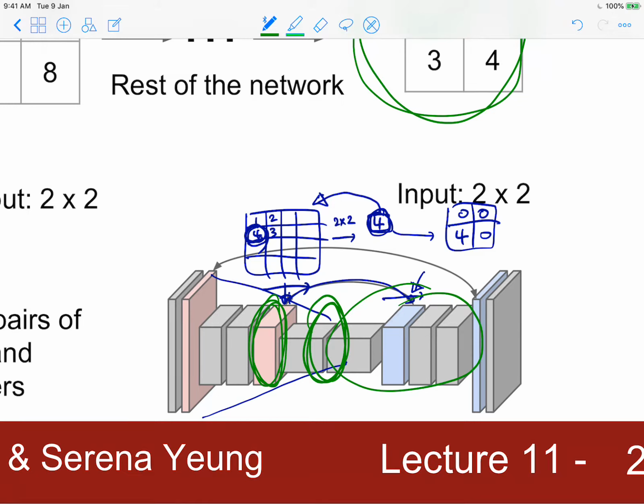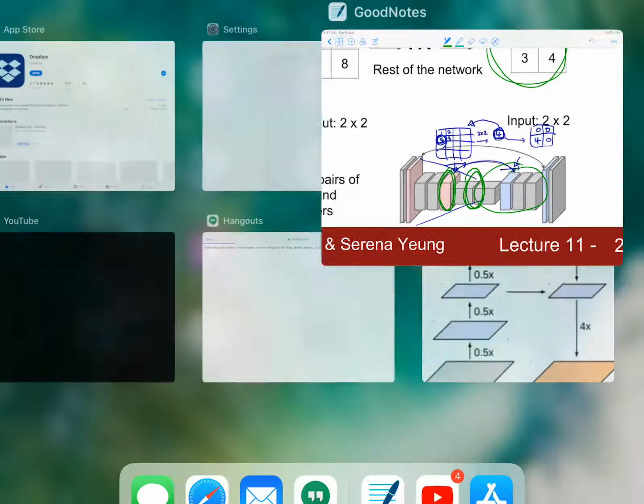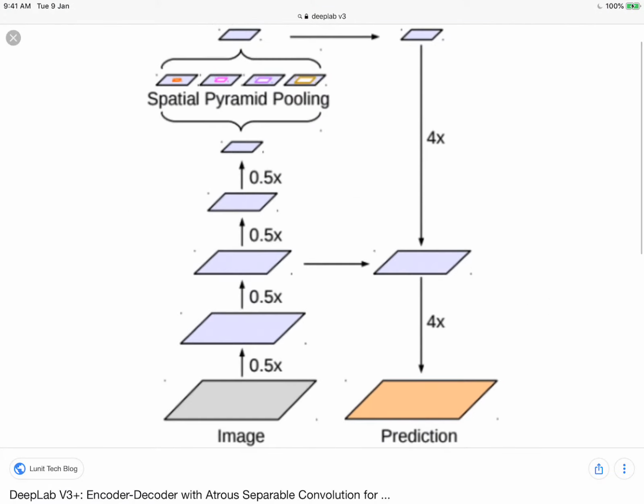So in the case of DeepLab version 2, or maybe previous ones, I believe they actually adopted the decoder part as the deconvolution layer, which involves this trainable parameter. Okay, but in the case of DeepLab version 3, they just replaced this deconvolution for our upsampling with bilinear upsampling.